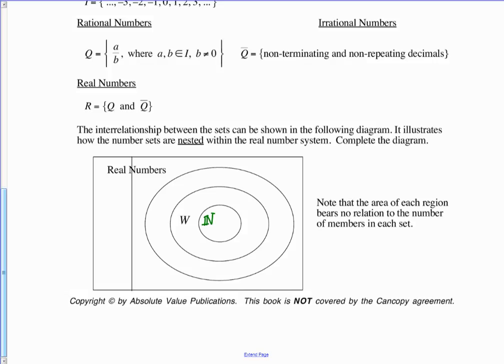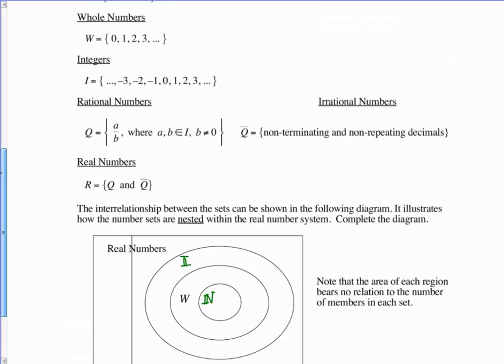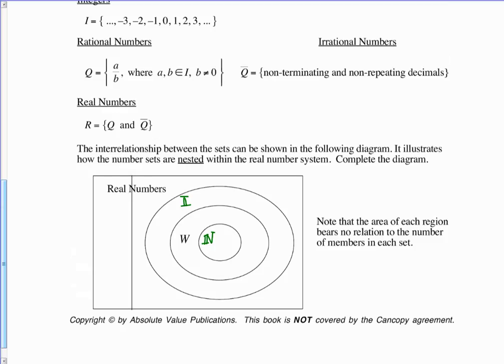Okay. So the next one is the integer. Do they use I or Z? Oh, use I. Good. Sometimes it's used as Z as a letter, but I. If your books use I, that's good. Now, a common mistake students make is they assume that as long as it's a negative or a positive, it's an integer.